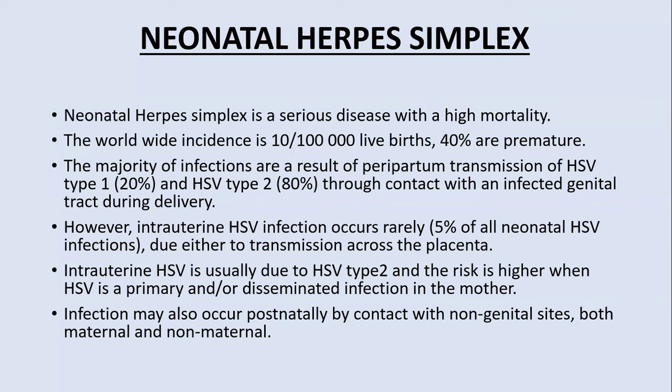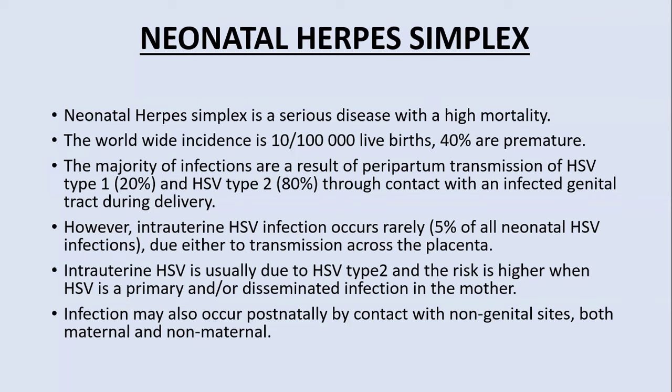So we have discussed the three types of neonatal herpes simplex. The first and foremost is the transmission of herpes simplex to the baby during labor from the female genital tract. The second, which comprises almost 5%, are those with intrauterine infection if the mother suffers from primary herpes simplex, and that too a disseminated one.